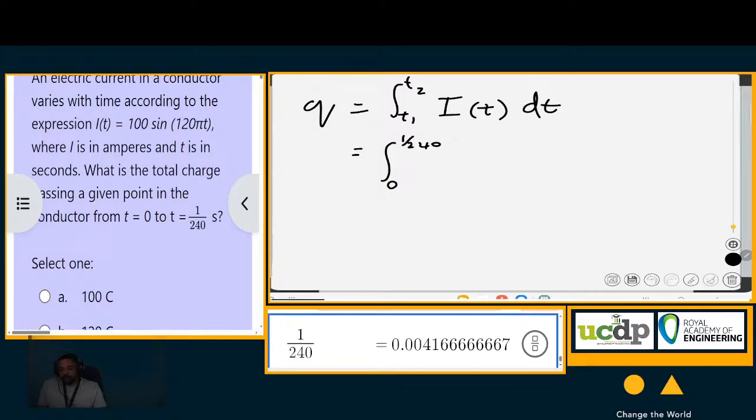The formula for the current we've been provided is 100 times sine of 120 pi t. You need to find this integral dt from 0 to 1 over 240, so this makes it a definite integral.